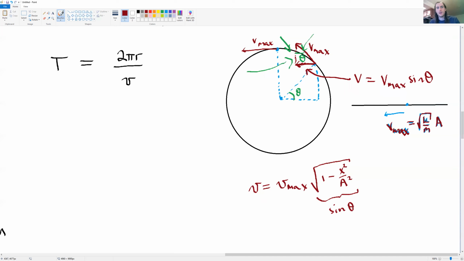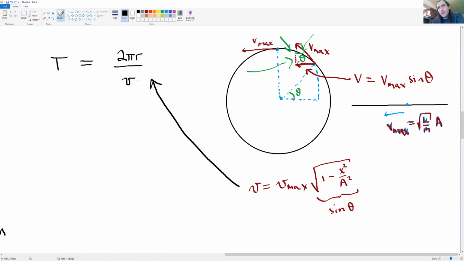Complicated, I know, a lot of algebra going on there. What do we need this for? Why did we go through this? Well, remember, we want to calculate the period of this spring mass motion.